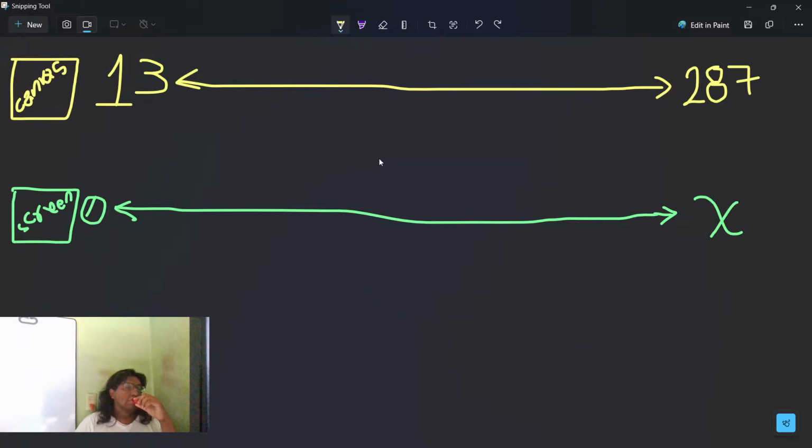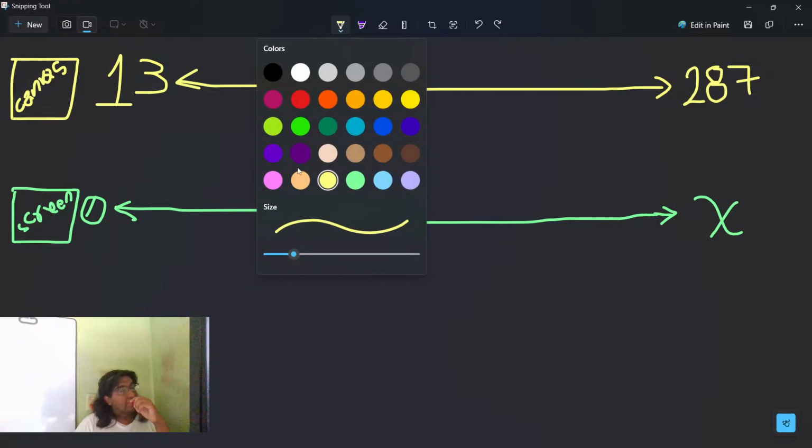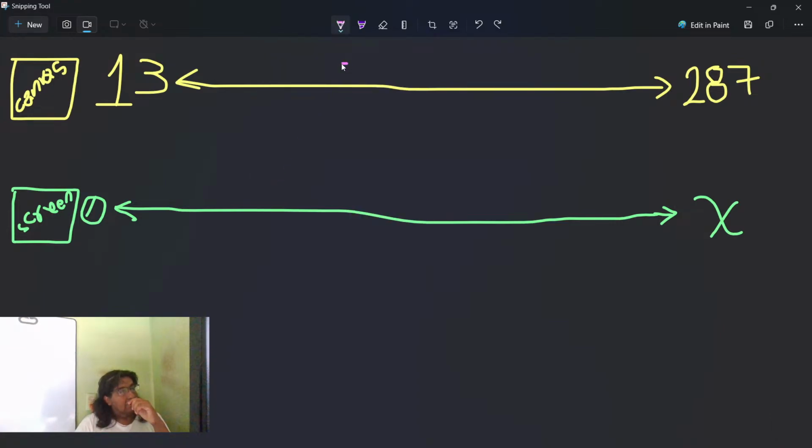And let's add 25. How can we establish a correspondence between these two lines?